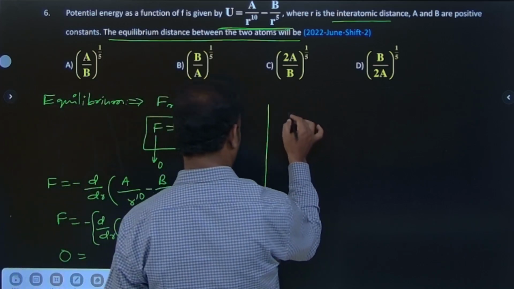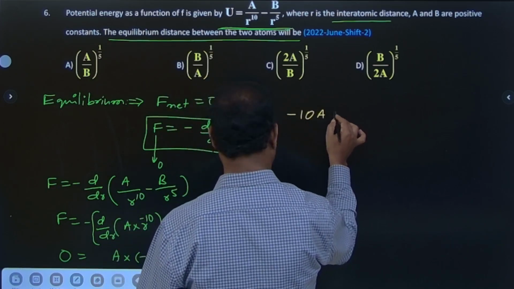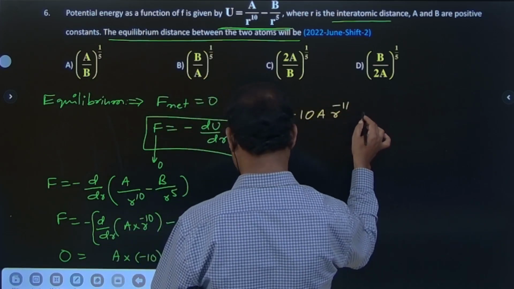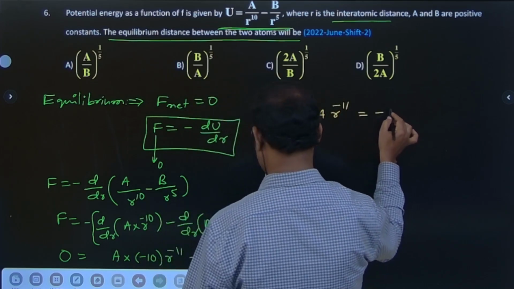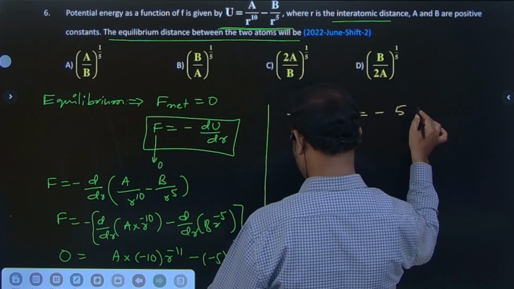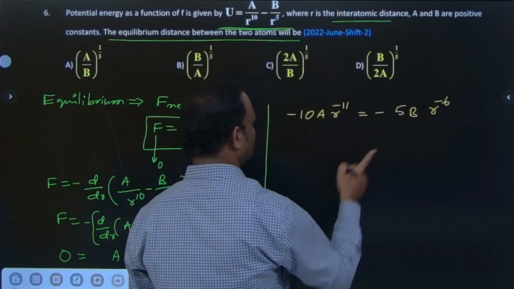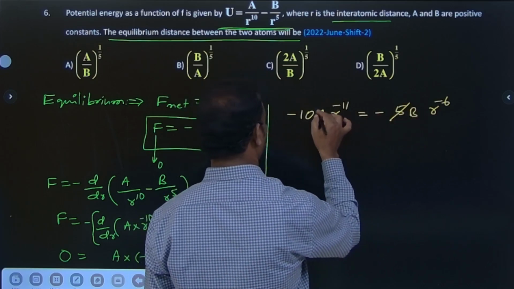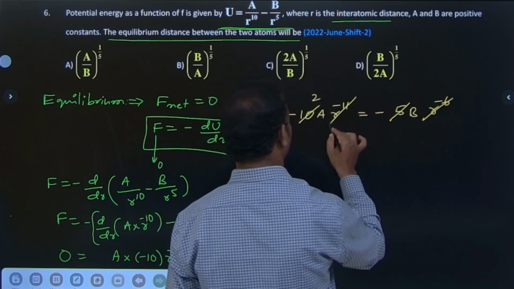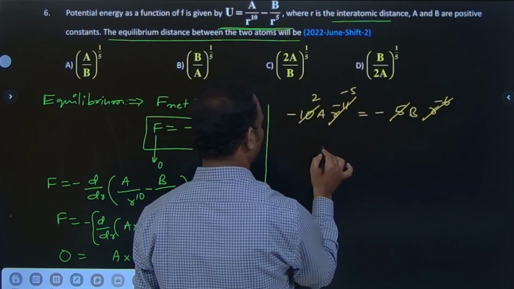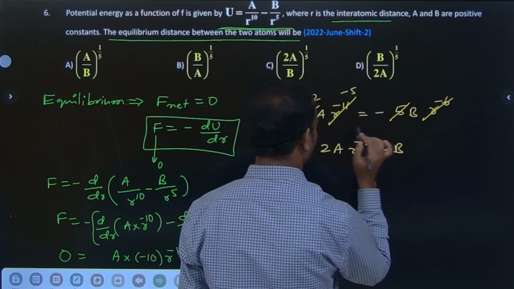This is minus 10A r power minus 11 equals minus 5 into B r to the power of minus 6. Minus minus cancels. 5 ones are 5, 2 fives are 10. R power minus 6 and this becomes minus 5. So 2A r to the power of minus 5 is equal to B.